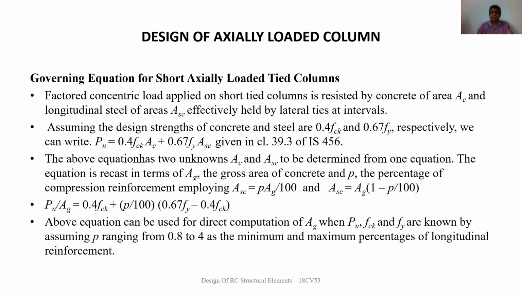By assuming the design strength of concrete and steel as 0.4 times fck and 0.67 times fy, we can write an equation as mentioned in IS 456 clause 39.3, that is Pu equals 0.4 times fck into Ac plus 0.67 times fy into Asc, where fck is the compressive strength of concrete, Ac is the area of concrete, fy is the yield stress of steel, and Asc is the longitudinal area of steel provided.